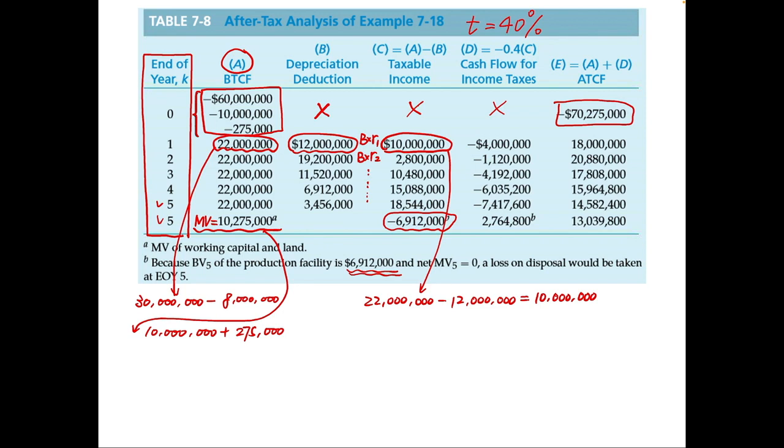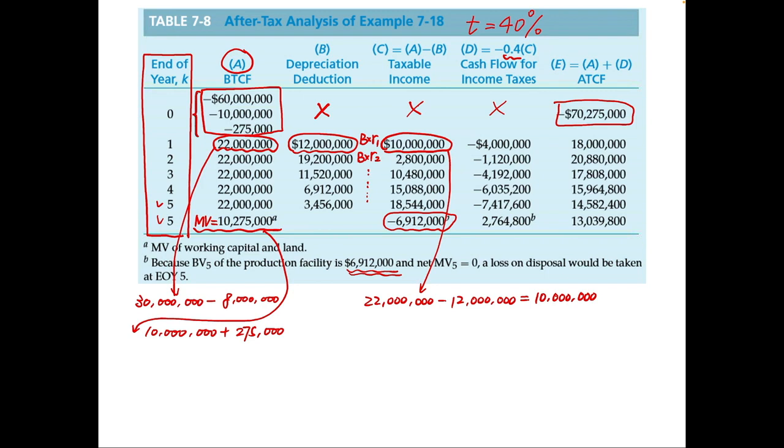And in column D, the numbers should be the result of the tax rate 40%, or 0.4, times whatever you have in column C, and don't forget the negative sign in front of the number.